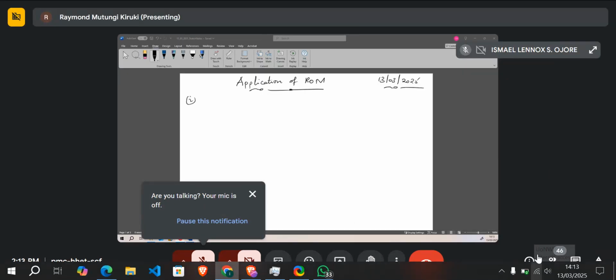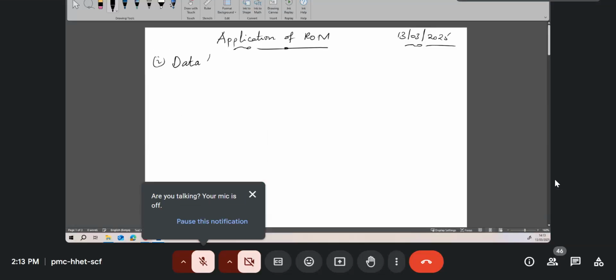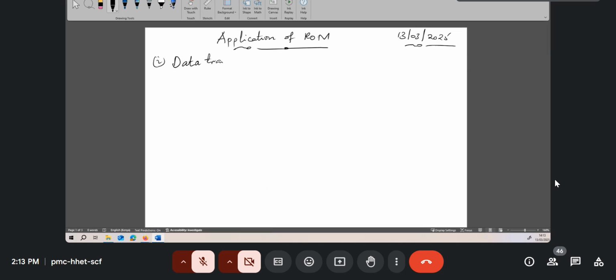So one is in the area of data transfer and portability.